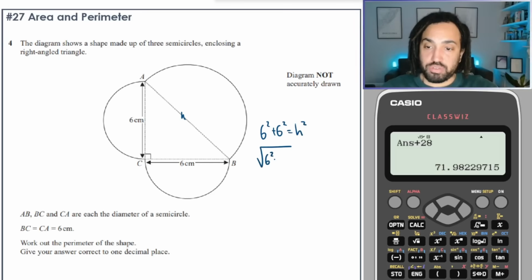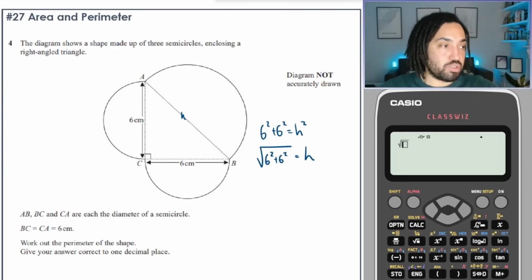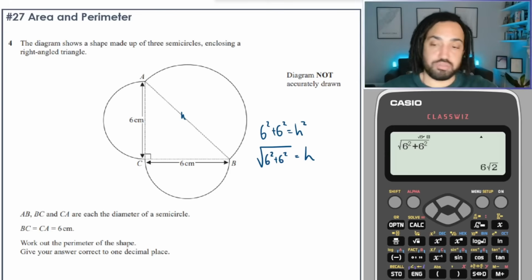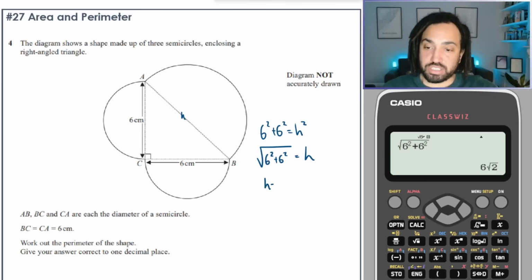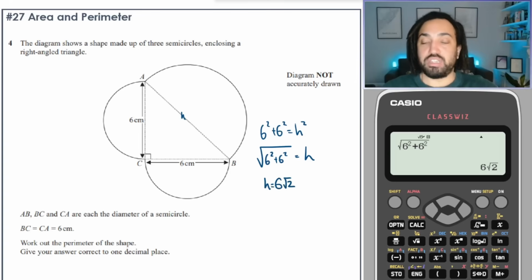So the square root of 6 squared plus 6 squared is going to equal h, which is 6 root 2. And I might just leave it like that as a surd, keeping the full exact value, because I feel like I'm going to have to use that quite a bit.